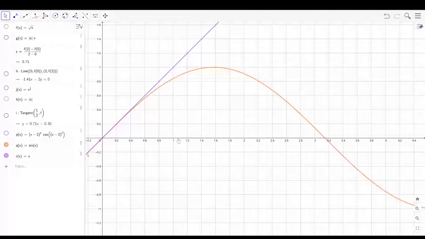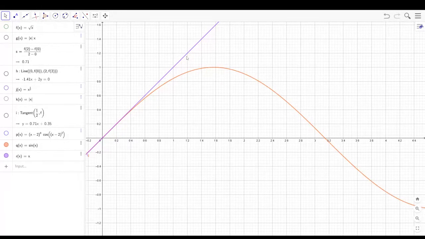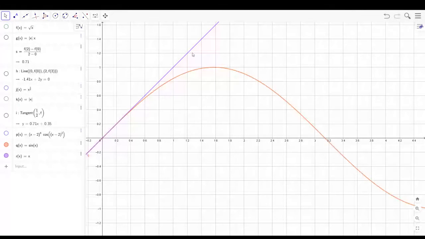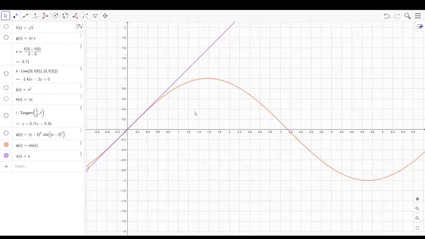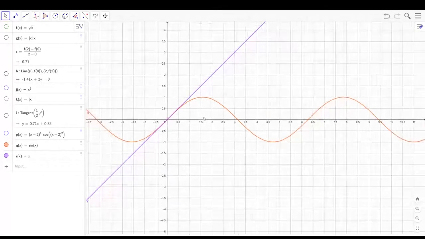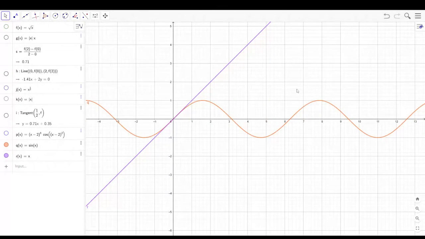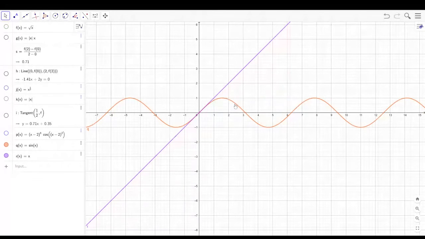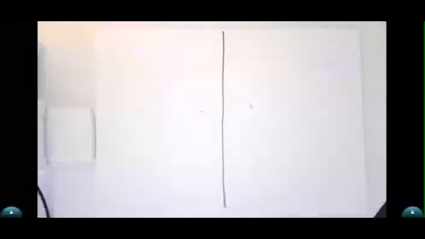So here it is, okay? The orange curve is the sine curve, and the purpley curve is just the line y equals x. And so, if I zoom out, it's not true for negative values, but over here, it just keeps on going and going, and sine x just oscillates, okay? So we would think that it's true from our picture, but how do we actually prove it? And what does the MVT do here?